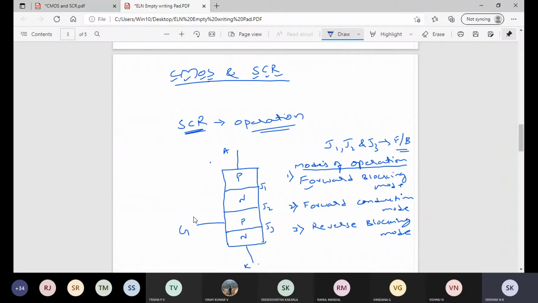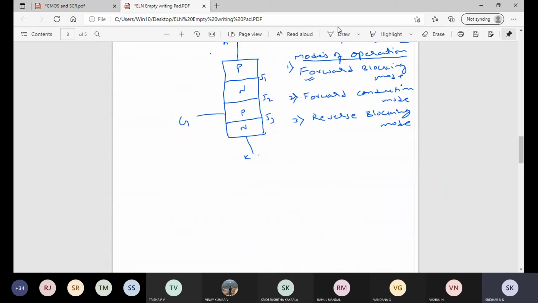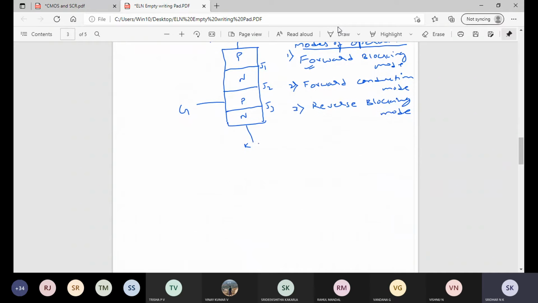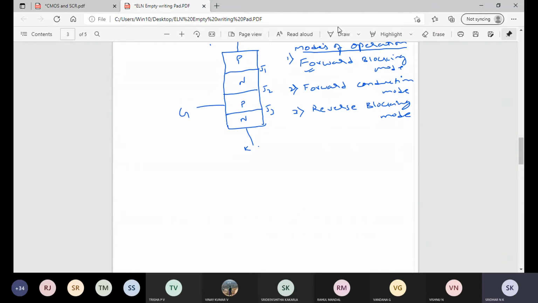First, we'll see forward blocking mode. For forward blocking mode, if I connect the SCR, this is P N, anode, cathode.